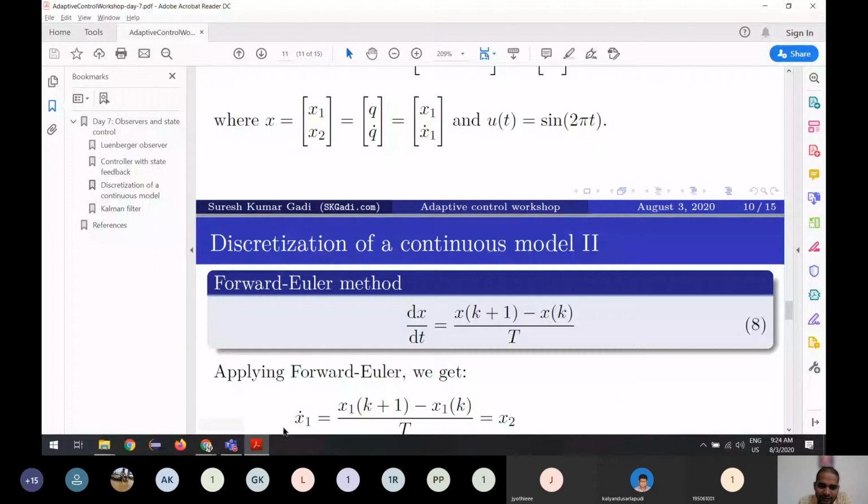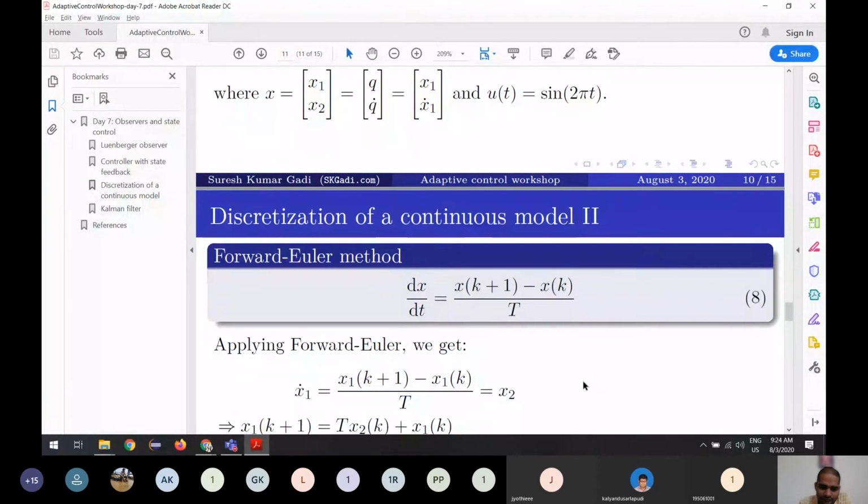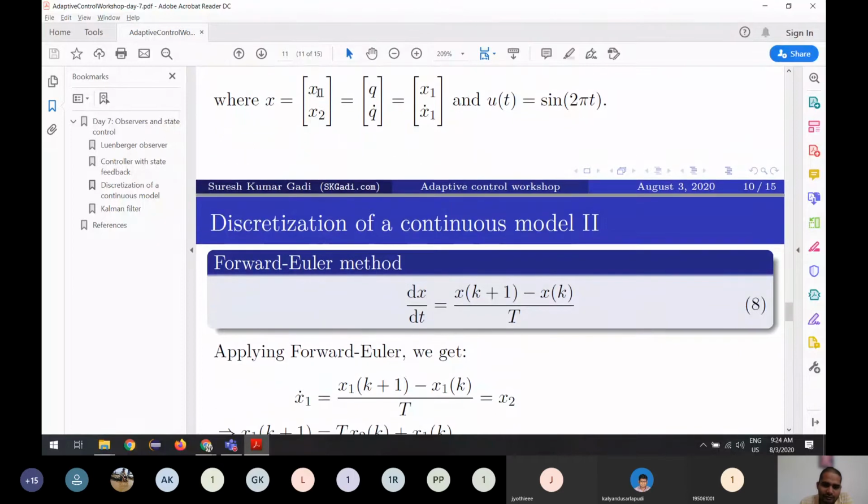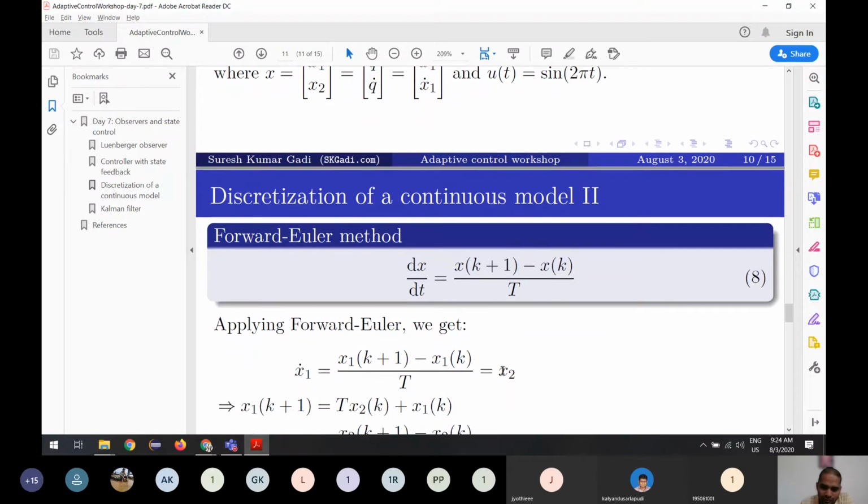So how do we apply this? Here x1 is q, x1 dot is q dot, right? So x1 dot is equal to x2. So x1 dot is equal to x2.